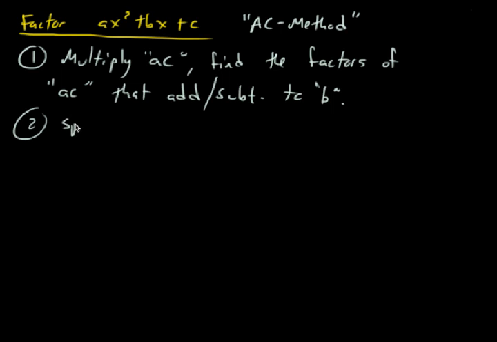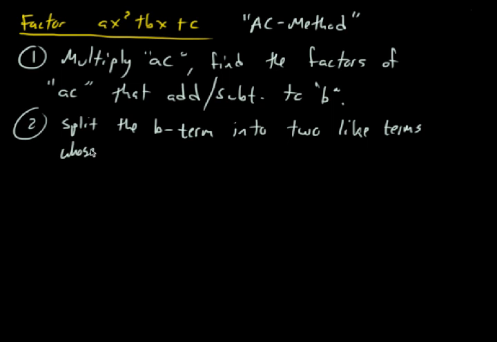So the next step is I will split the b term into two like terms whose coefficients are the factors from step 1.